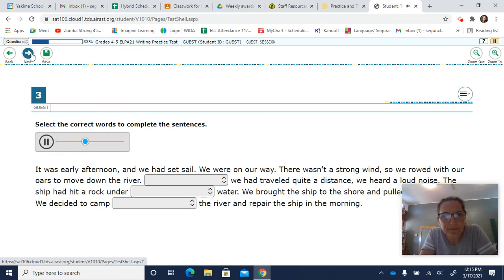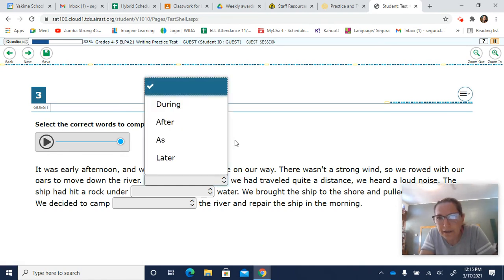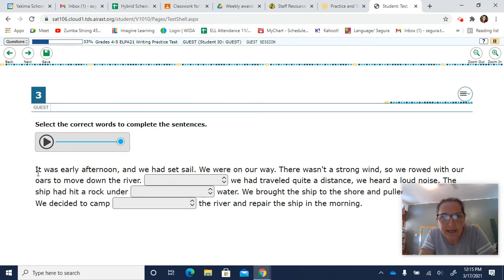Select the correct words to complete the sentences. So for this one, you want to read it thoroughly, and when you get to the missing words, you can check the options, okay? It was early afternoon, and we had set sail. We were on our way. There wasn't a strong wind.